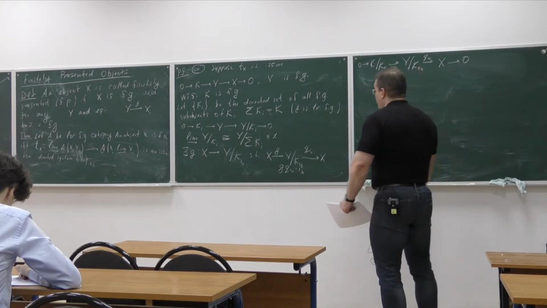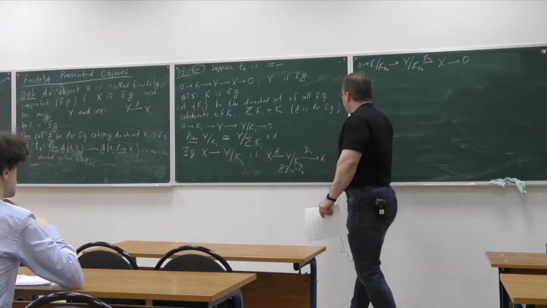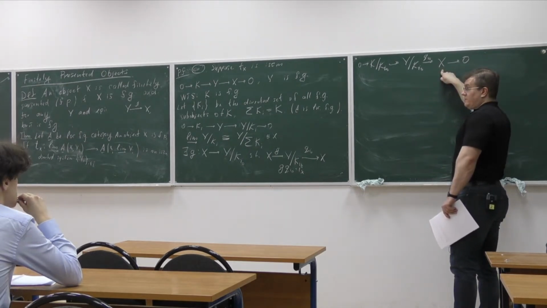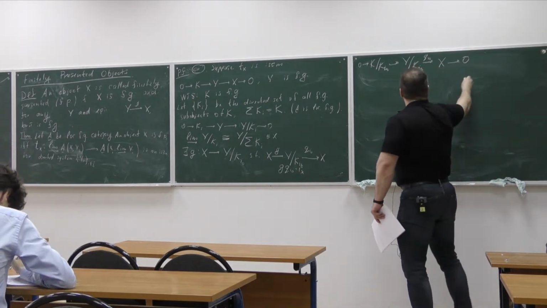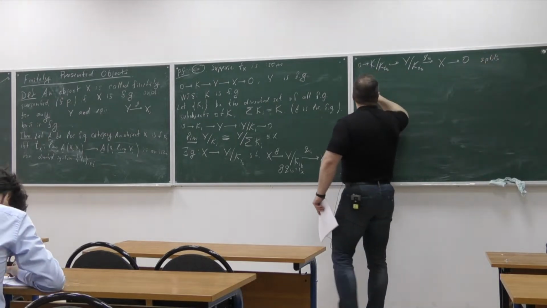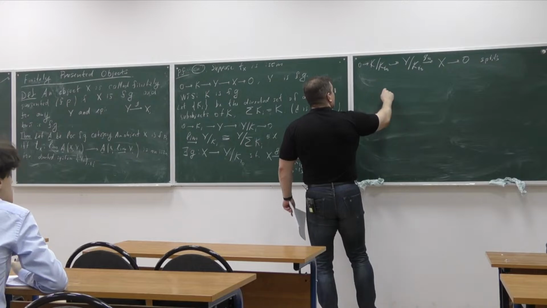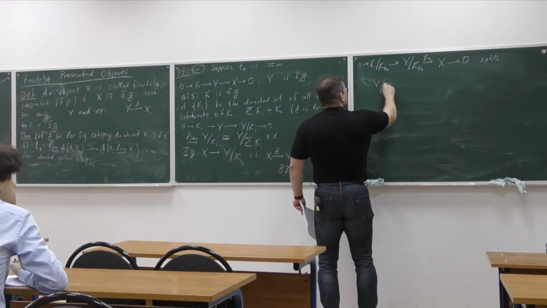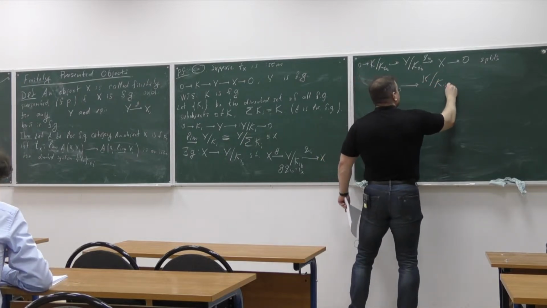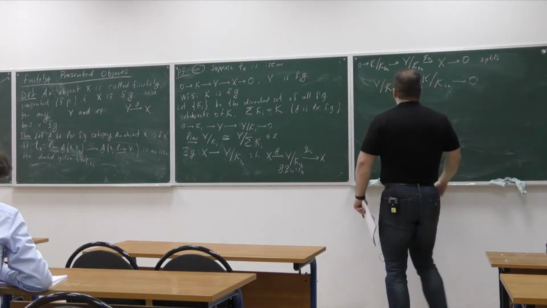Observing that we have such a map G is equivalent to saying that this short exact sequence splits. And if this splits, then we have an epimorphism from Y modulo K_{i0} to K modulo K_{i0}.